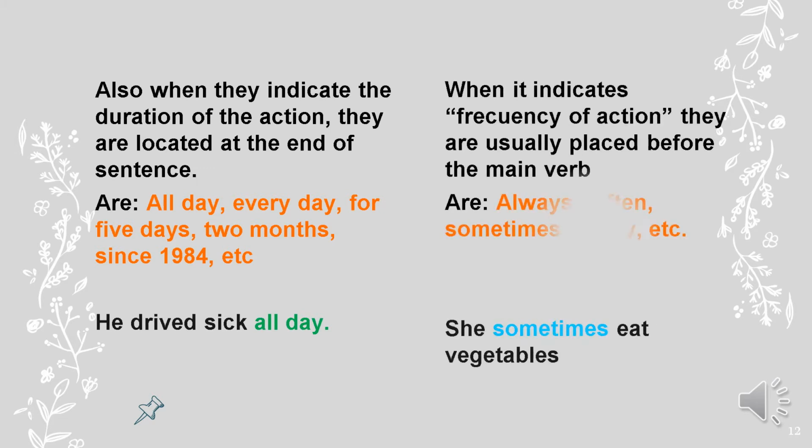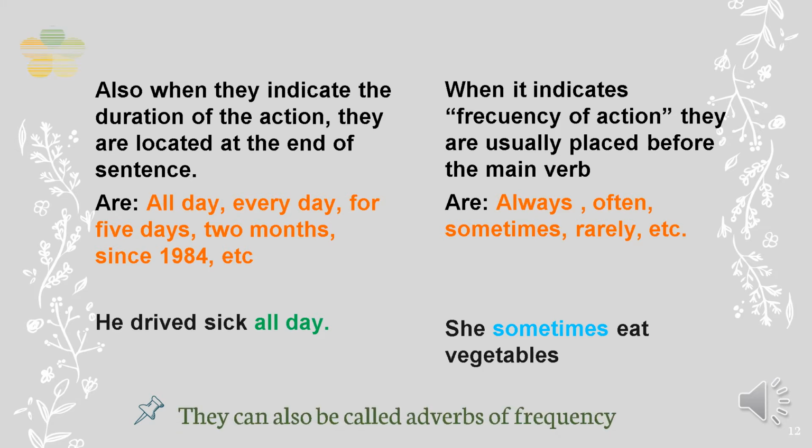When they indicate frequency of action, they are usually placed before the main verbs. The words are always, often, sometimes, rarely, etc. For example, she sometimes eats vegetables. They can also be called adverbs of frequency.